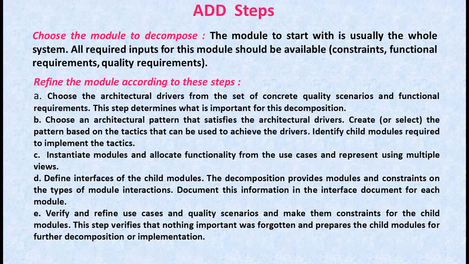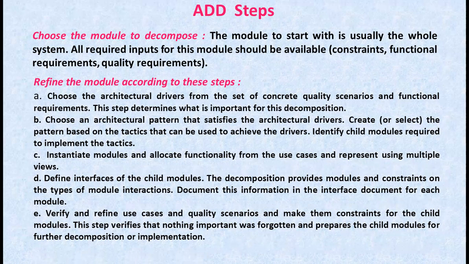We need to choose the architectural drivers from the set of concrete quality scenarios and functional requirements. This step determines what is important for this decomposition. Then we need to choose an architectural pattern that satisfies the architectural drivers.